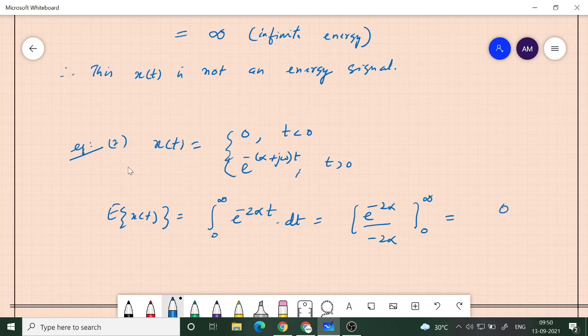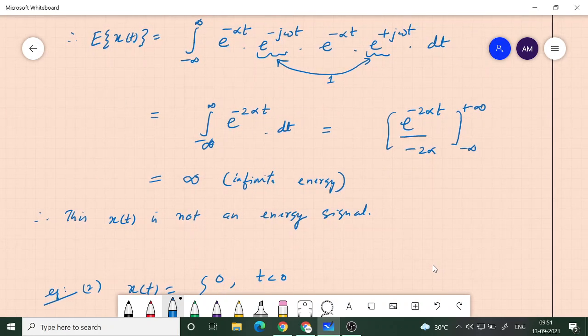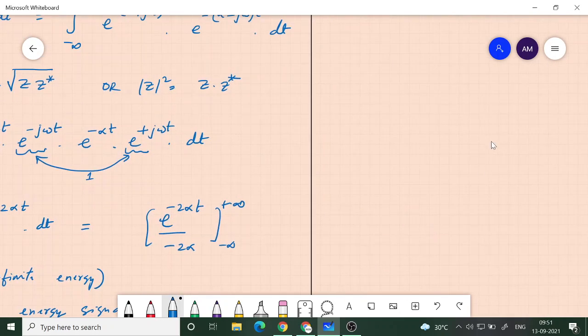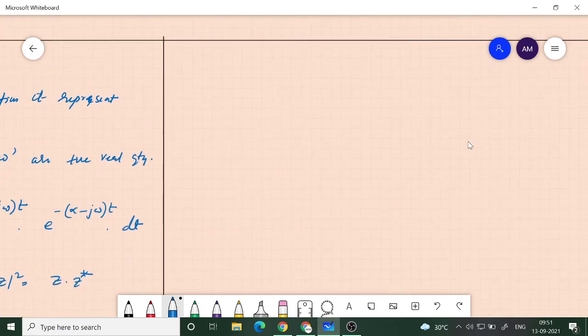First limit is 0, second limit gives 1 divided by 2 alpha. So we get 1 by 2 alpha. That's it. This is an energy signal. But the initial signal doesn't have finite energy, so it is not an energy signal.